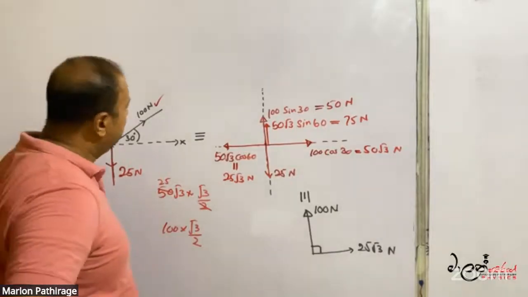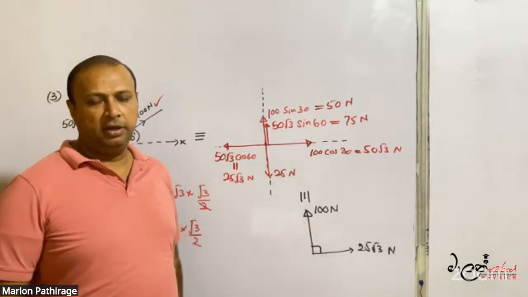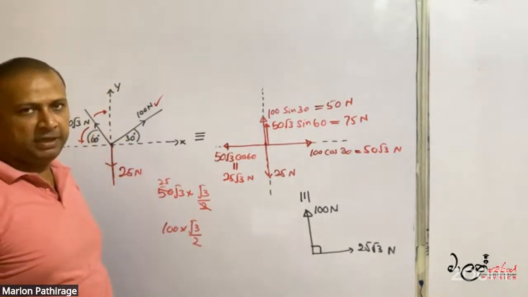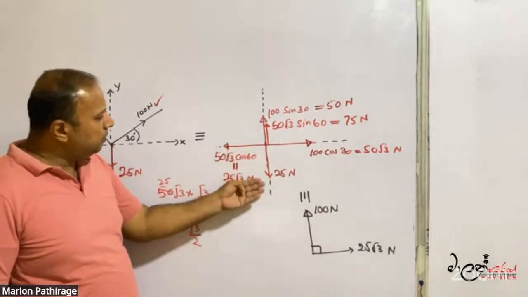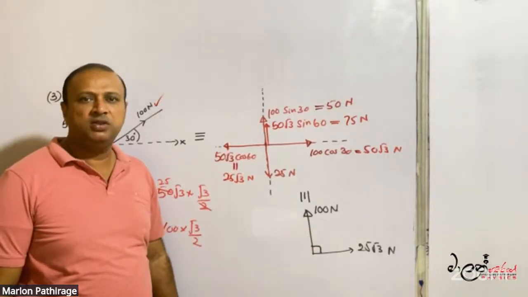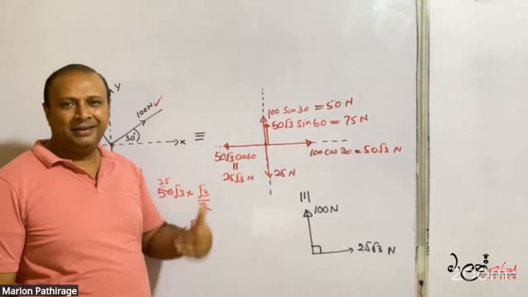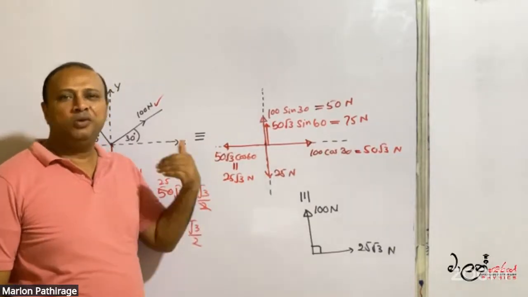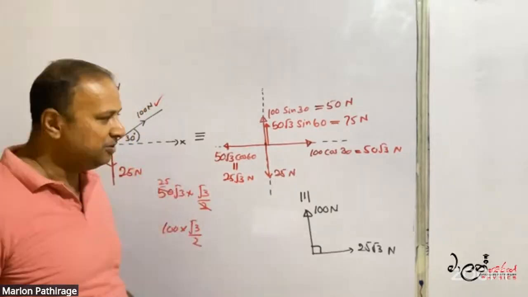Look at this one. If you are given a vector system to resolve in two perpendicular directions, like x and y, definitely after resolving those forces you have to simplify them. Instead of doing it this way, we can do this very easily. Now, how to do this?